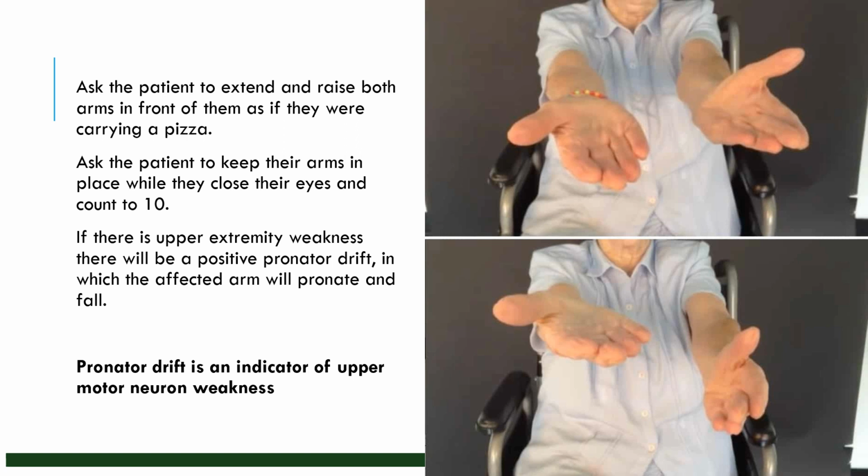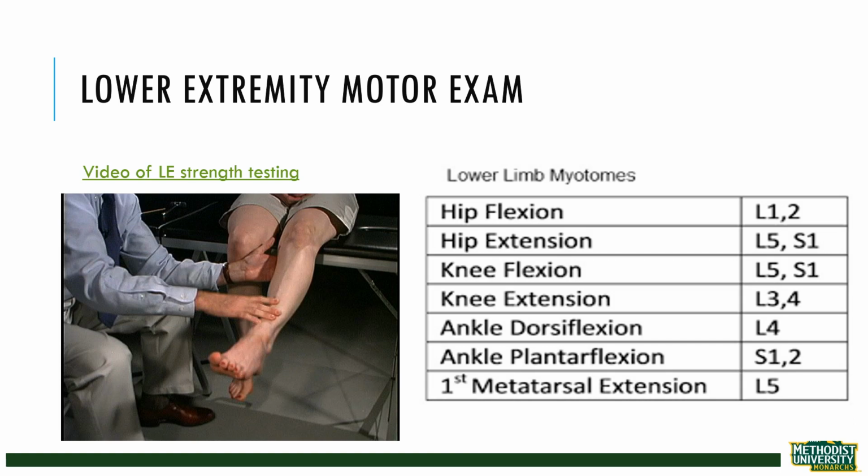You count to 10 in your head slowly. And when there is a subtle upper extremity weakness, the affected arm will pronate and fall below the level of the other arm. The patient's not aware of this, and it is an indicator of an upper motor neuron weakness.